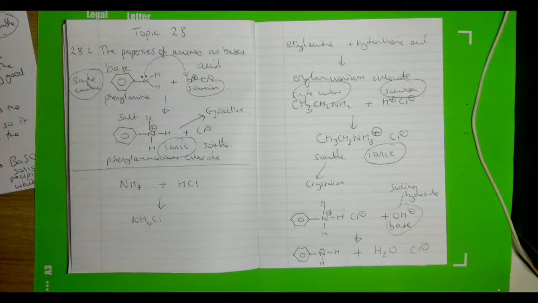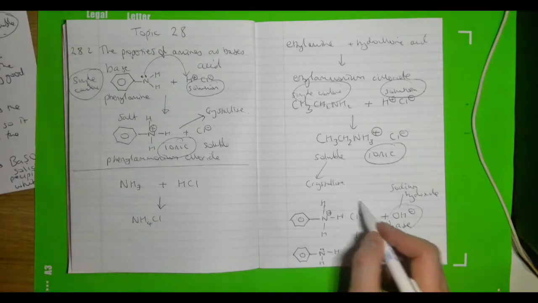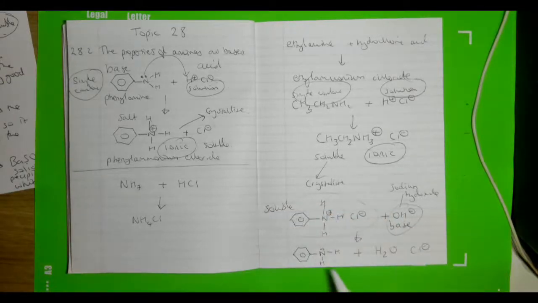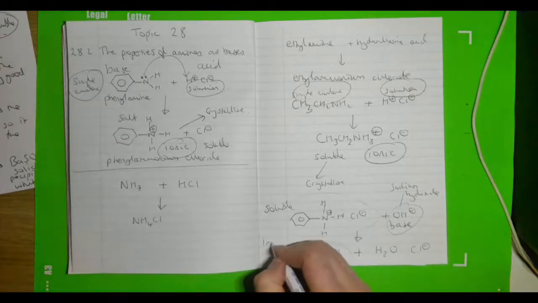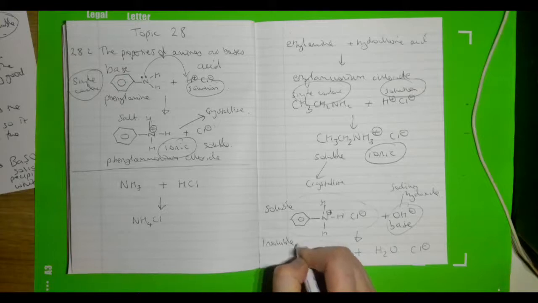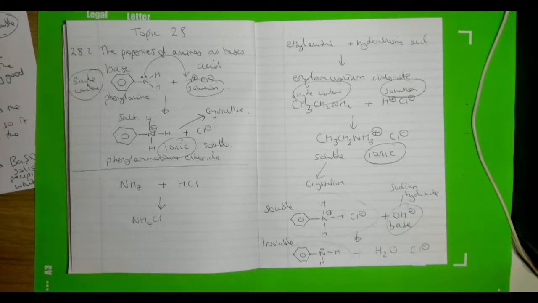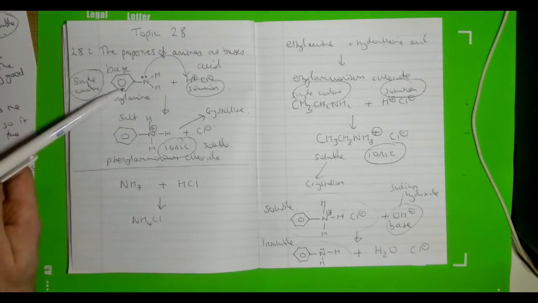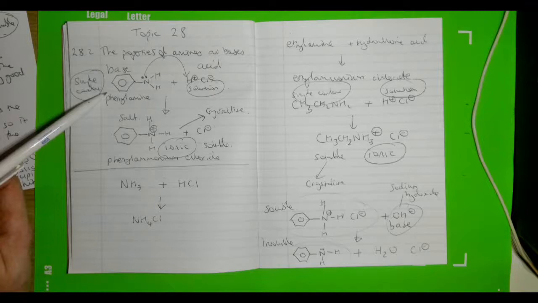Now, what we find is that because this is an ionic substance, it's soluble, and because this is a covalent substance, it's insoluble. If we were to do this experiment, we know from last lesson that amines have a very horrible smell. Before I add an acid, I'd smell that horrible rotten fish smell.